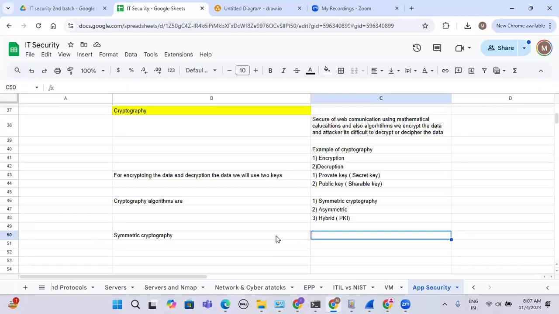So in the transfer level, if you're encrypting any data, that is called data at the transit level of the encryption. And if the data is at a rest position or fixed position or static position, that one we can call data at the rest level of the encryption. That is our encryption types. Now, what is symmetric here? As I said, the same key is used for both encryption and decryption.